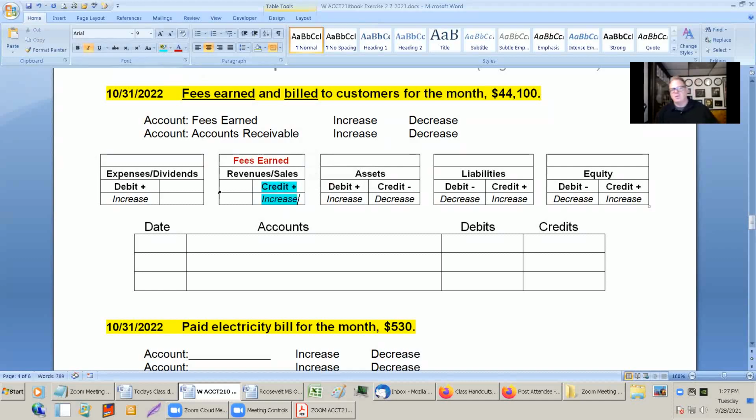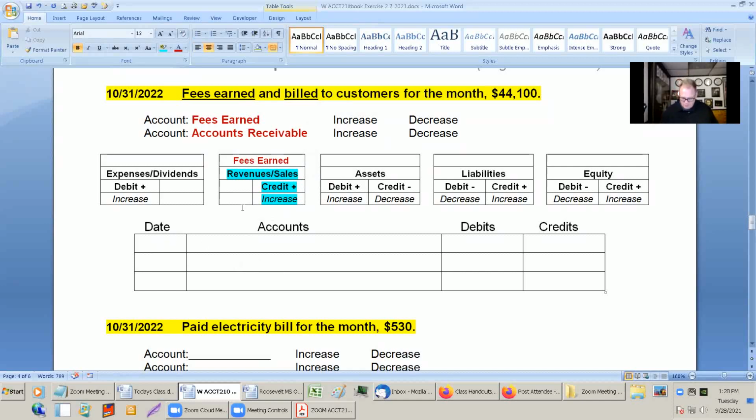They can only be one thing. So fees are always credits.